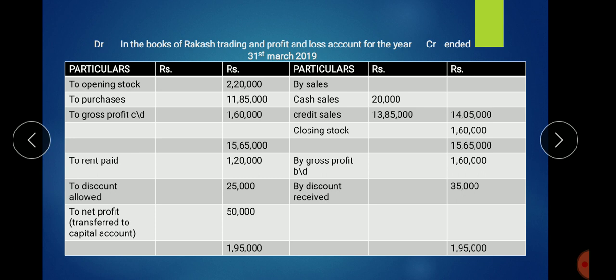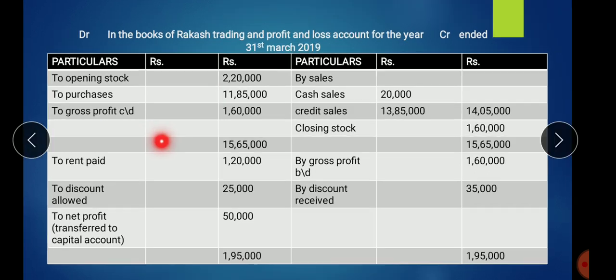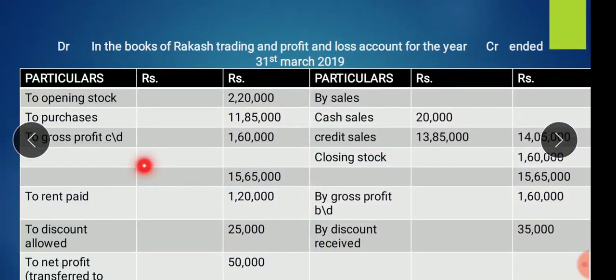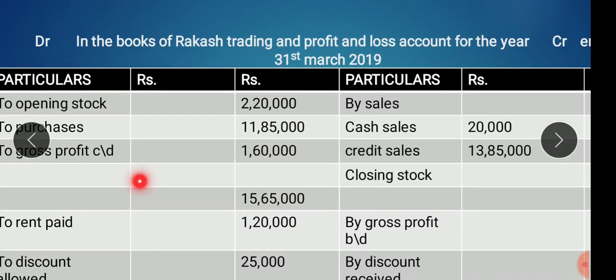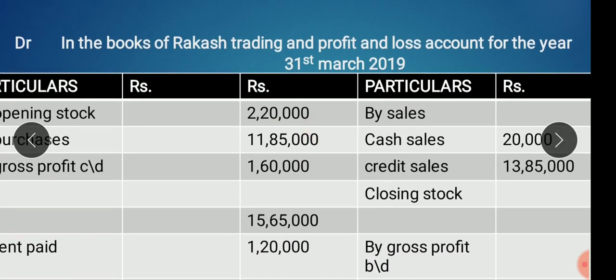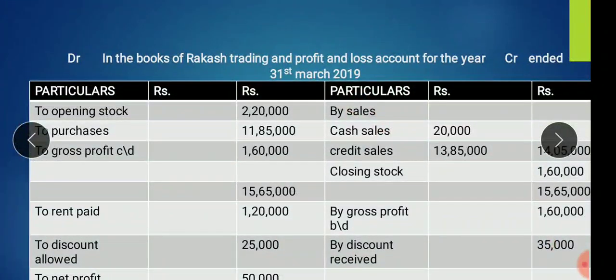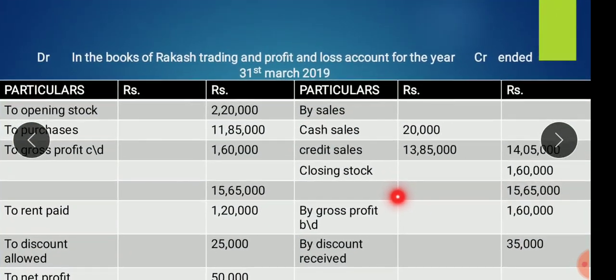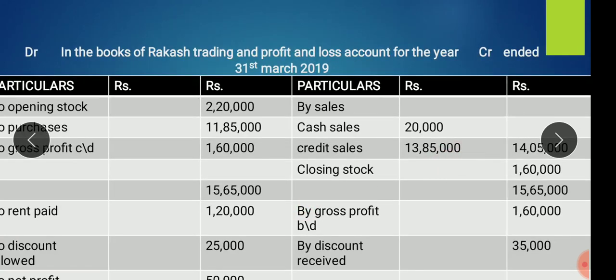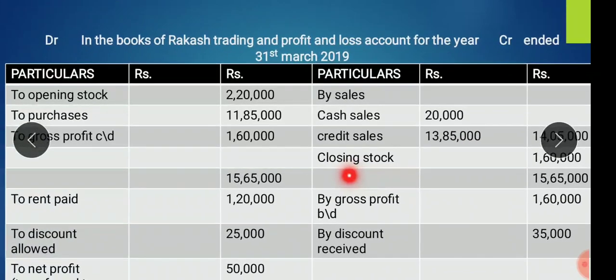Then prepare the trading and profit and loss account. In the books of, trading and profit and loss account for the year 31st March 2019. So debit side: to opening stock 2,20,000, to purchases 11,85,000.